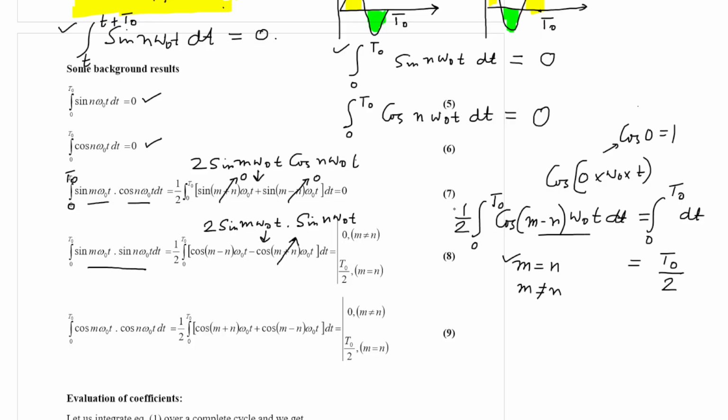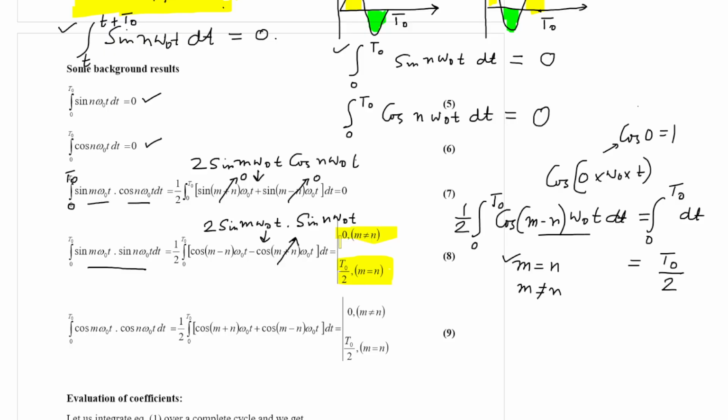This result is very important. Whenever m and n are equal, they will give you a result of T naught by 2. Other than that, they will be simply 0.